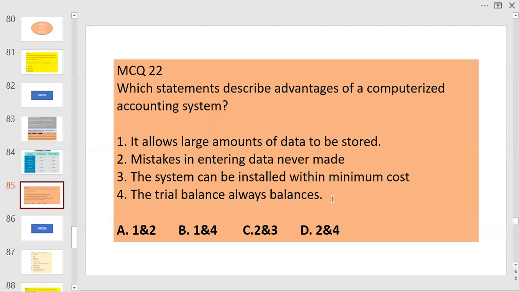If you put in a debit entry, it will come perfectly as a debit, and if you put in a credit entry, it will come perfectly as a credit. Therefore, this statement is sustained. So in our explanation, statements 1 and 4 are sustained, and the other two are rejected. So the answer is B, according to us.